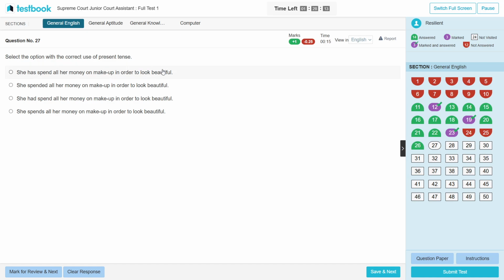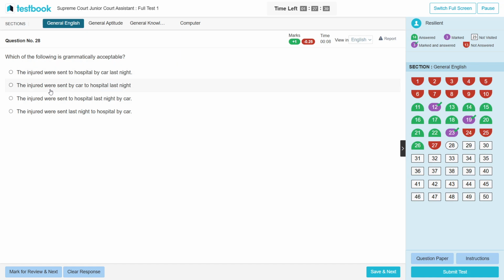And make up in order to repeat. Spends. The injured were sent to hospital by car last night.